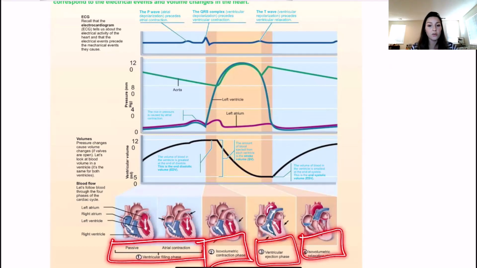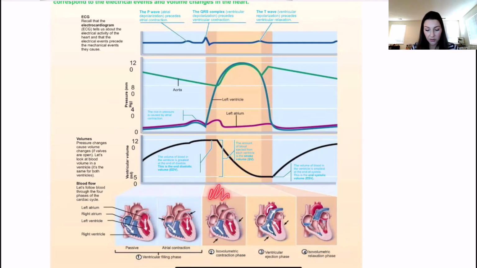Notice that they all correspond to colors on this graph. We have light blue, this dark tan is step 2, the yellowy, orangey color in the middle, the lighter one, and then we finish with that dark tan again, okay? Those are our 4 steps of the cardiac cycle. That's what's happening.